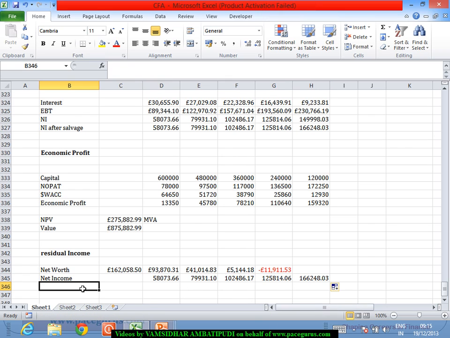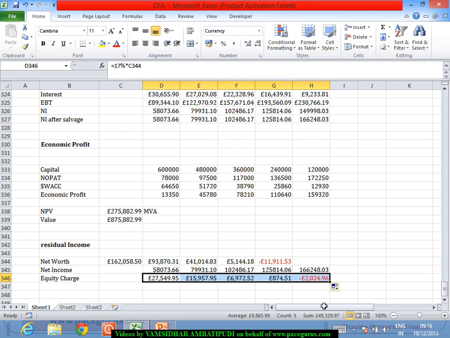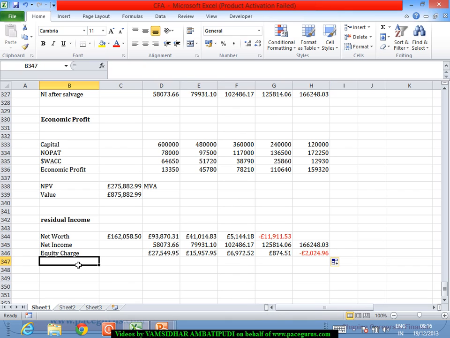And I would also try to compute the expected return, which is nothing but the equity charge. The equity charge is nothing but whatever is the percentage the equity investor is expecting multiplied by the net worth of the equity. So the equity investor is expecting 27,000 here, and if I go along, these are the expectations of the equity investors based on the equity charges. And from here I will be getting my residual income.